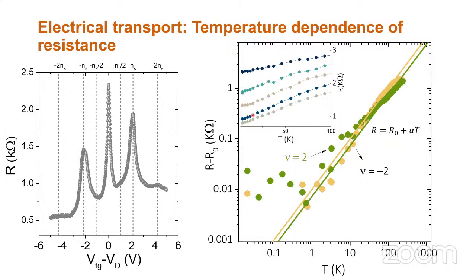You can see this in the inset, where resistance versus temperature is shown, a very linear temperature dependence at various density points. But if I take nu equal to 2, that means half filling. By the way, when I say nu equal to 2, it essentially means half filling, which means nu equal to 4 is full filling of the band, because there are 4 different bands which get filled up.